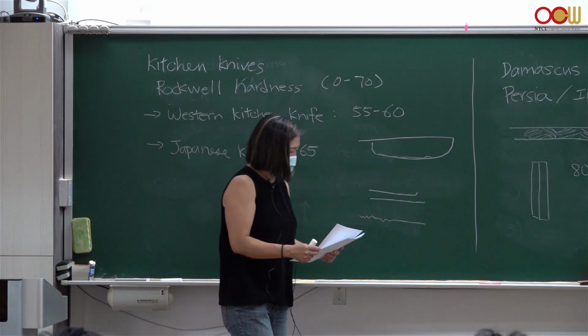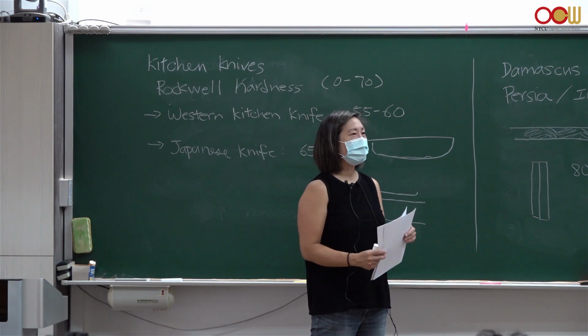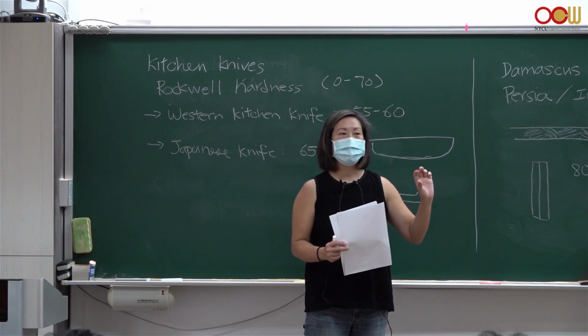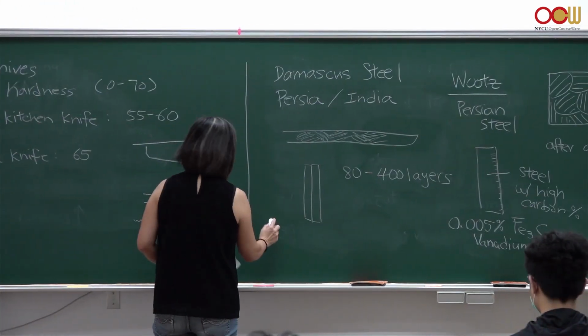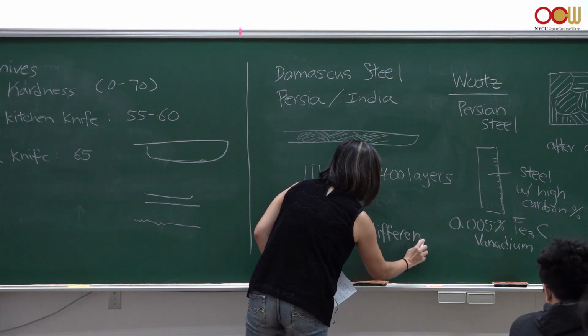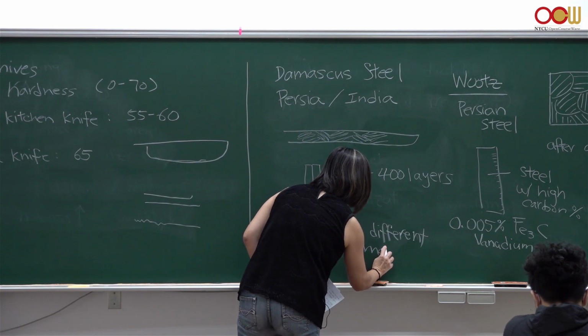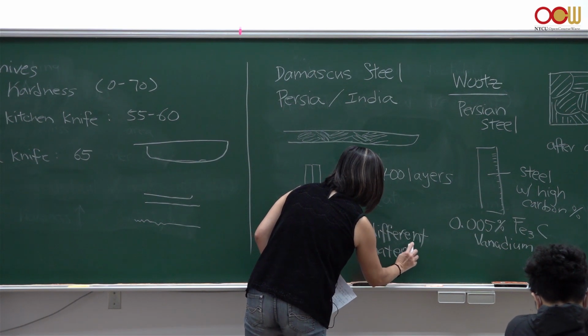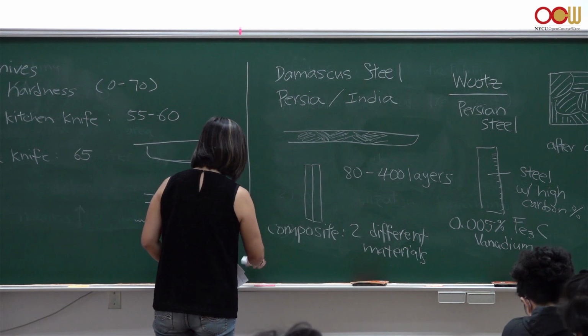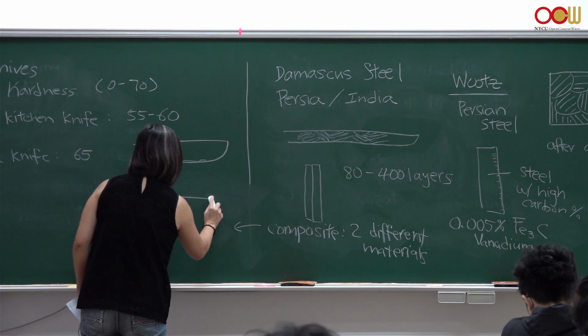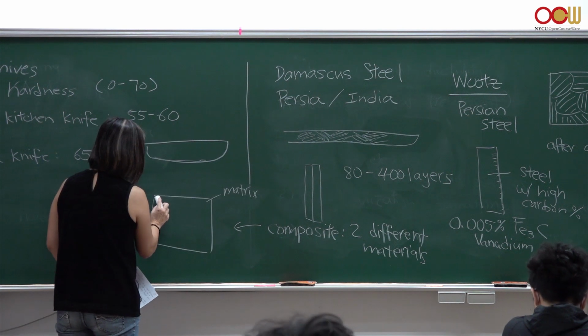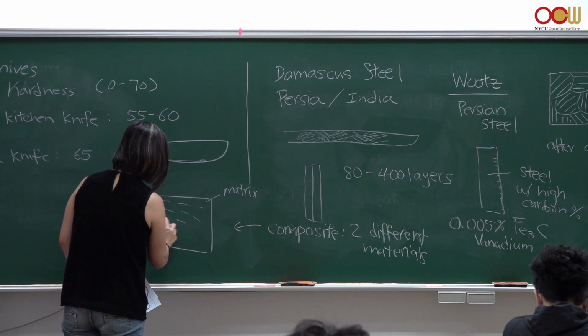And the main thing to remember is that these blades are really, really good because it is essentially what is called a composite. So a composite is two different materials mixed together. And it usually has what is called a matrix, and something else that's embedded inside.